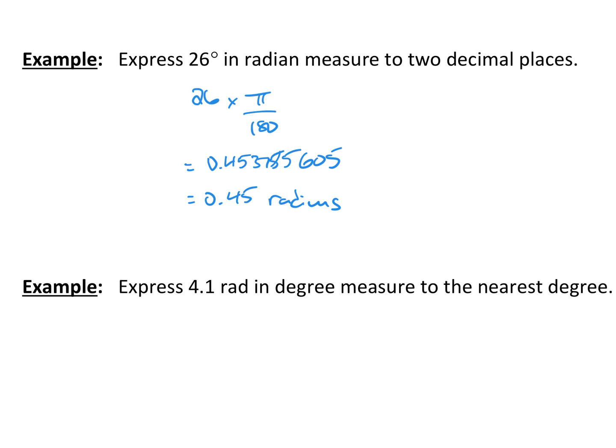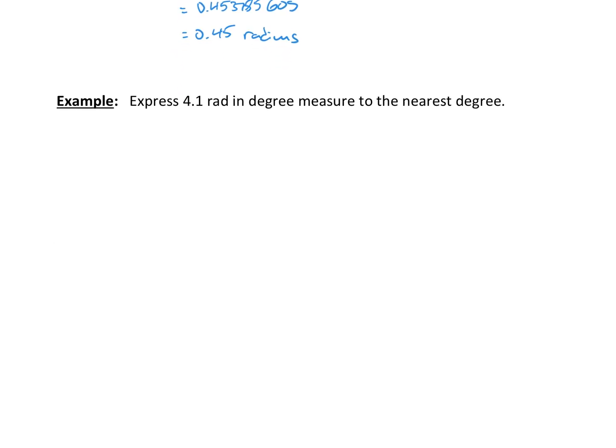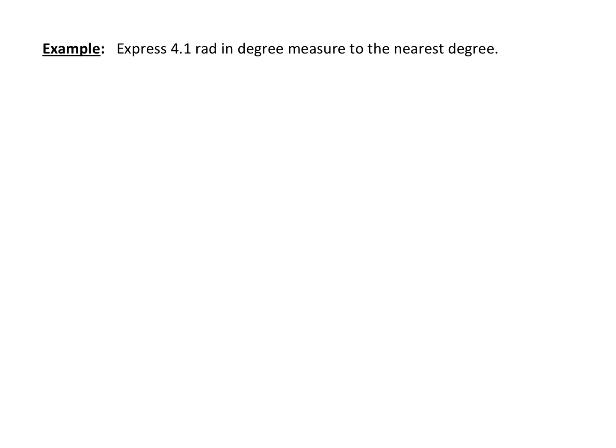Now, this next example says, express 4.1 radians in degree measure to the nearest degree. There's no pi to plug 180 into, but we can multiply by 180 over pi, and use the pi button on your calculator to come up with an approximation.